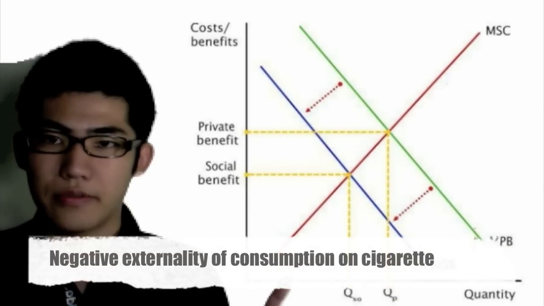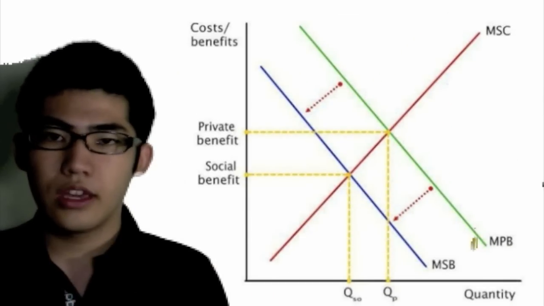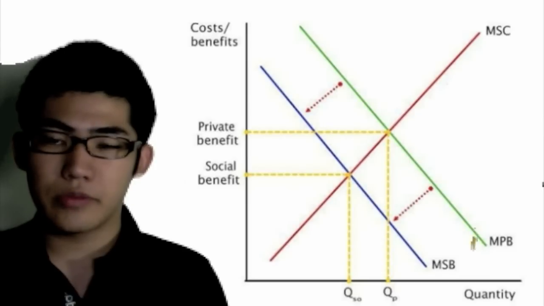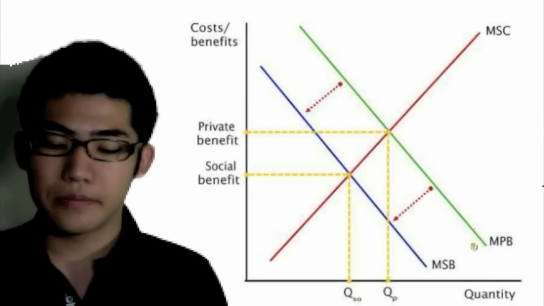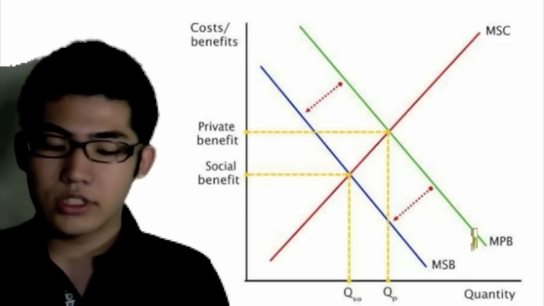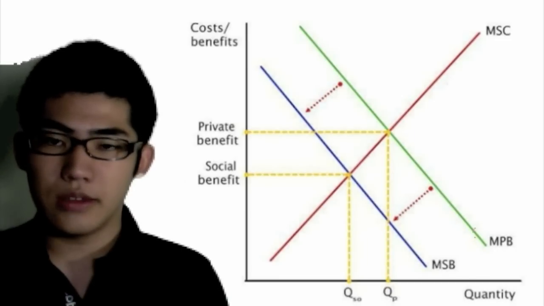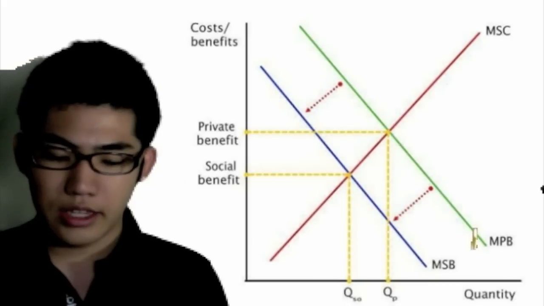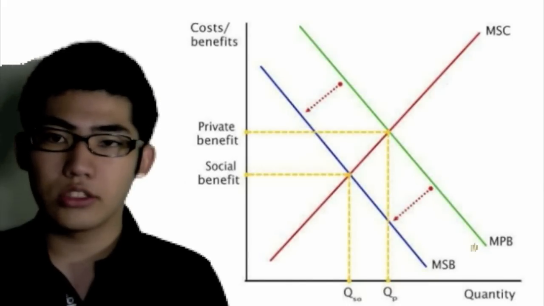Look at this graph. This graph shows the concept of this issue. MPB stands for Marginal Private Benefit, which is how much individuals benefit from the consumption of goods. However, the society's benefit, MSB, is below the MPB, meaning the cigarette is being produced more than the amount society wants.